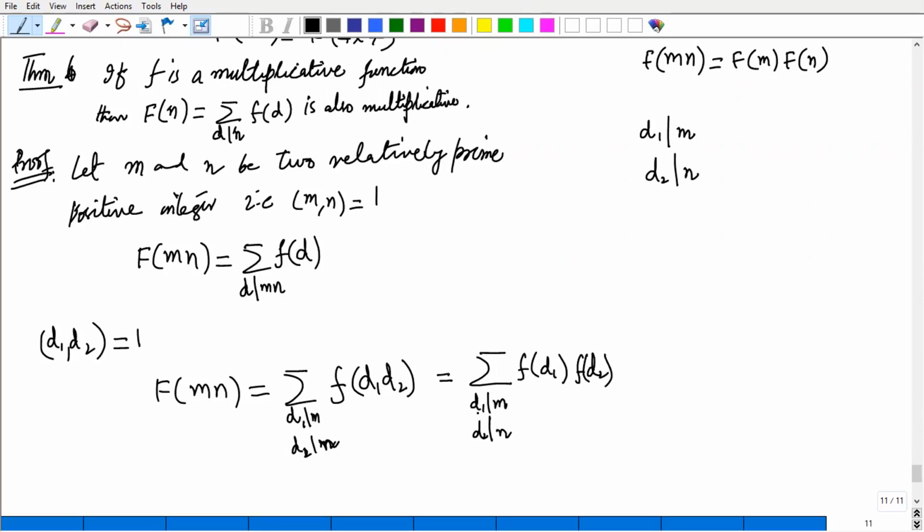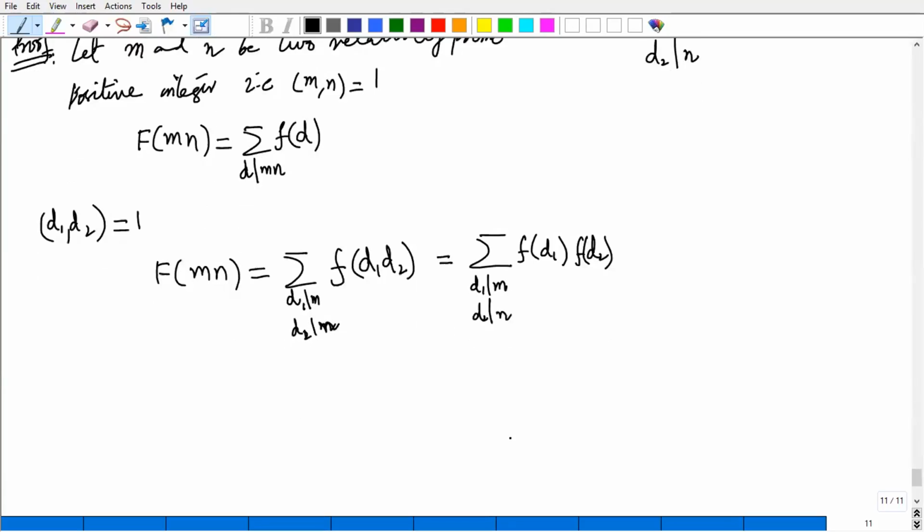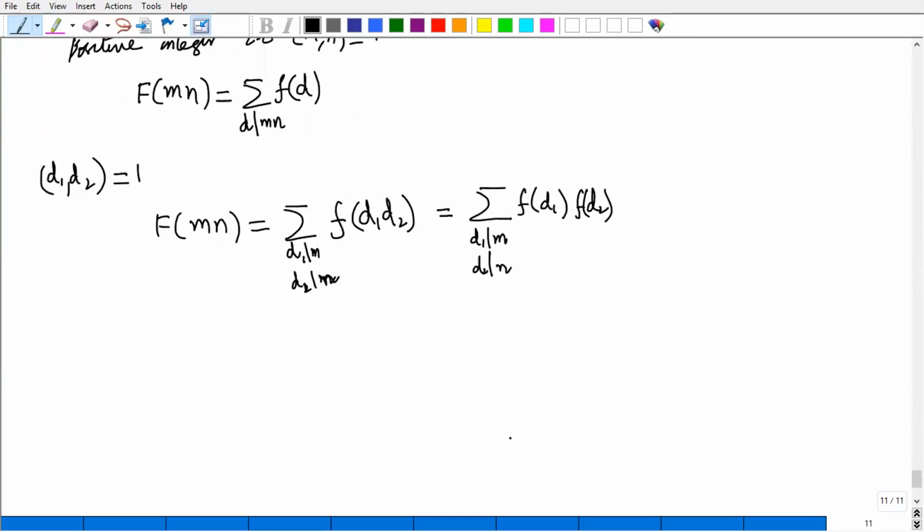Because this summation runs over the two types of divisors, divisors of m and divisors of n, and they are completely different, their GCD is one as well, so they are relatively prime.